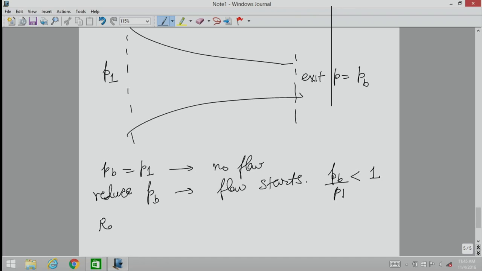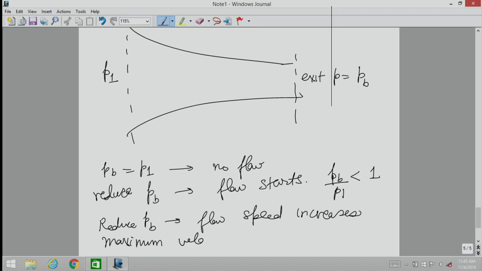Now we reduce PB, the flow speed will increase. And the maximum velocity is at the exit.